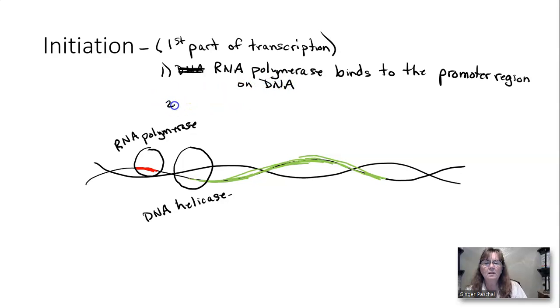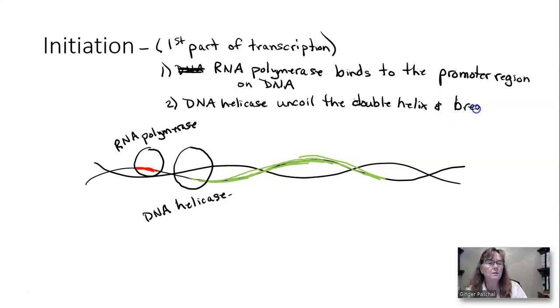The second thing that happens in initiation is DNA helicase uncoils the DNA, or the double helix, and it also breaks the hydrogen bonds between the bases.